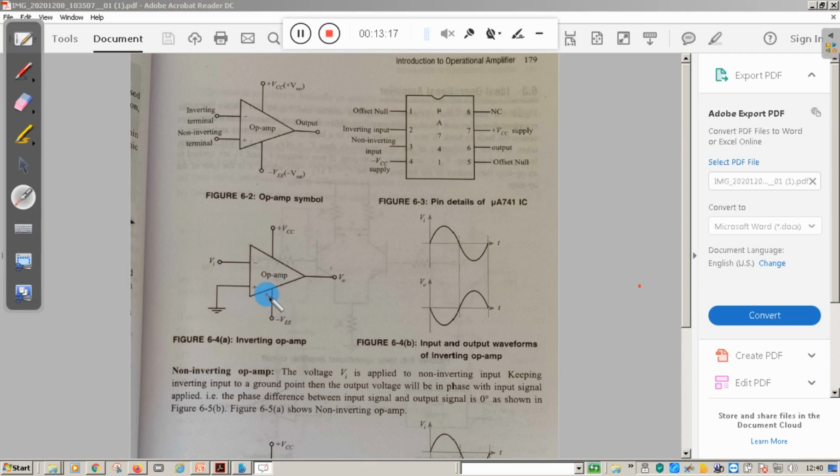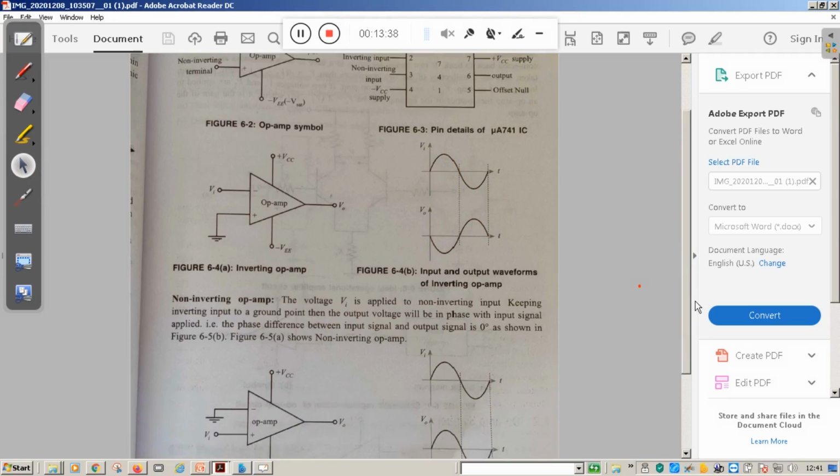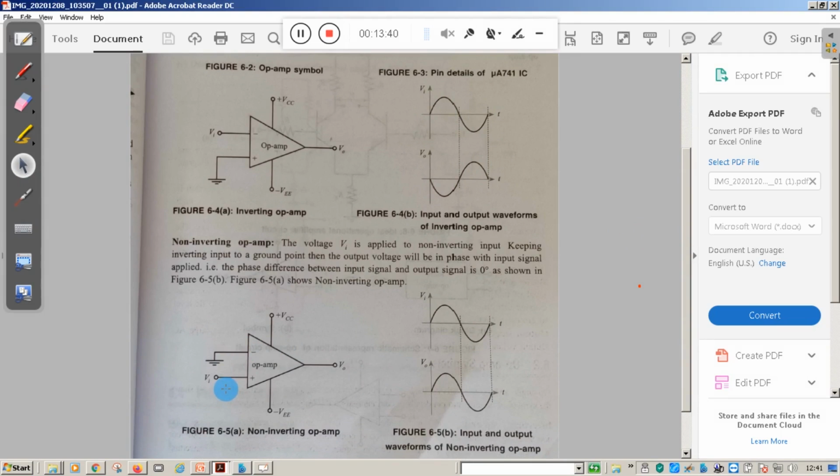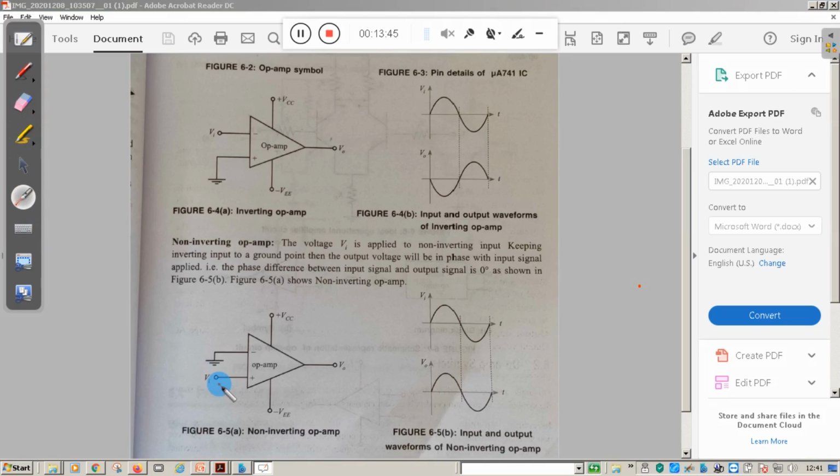And one more thing you have to remember here: when you connect the operational amplifier in this fashion, that is, when you give the input to the inverting terminal, the output is out of phase with the input. That is, when you give the input signal like this, you will get the output signal out of phase with the input. Now, when you connect the voltage source to the non-inverting terminal, that is the positive terminal, the output is in phase with the input.